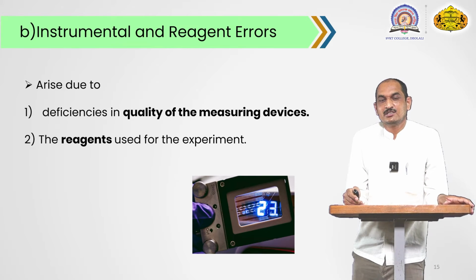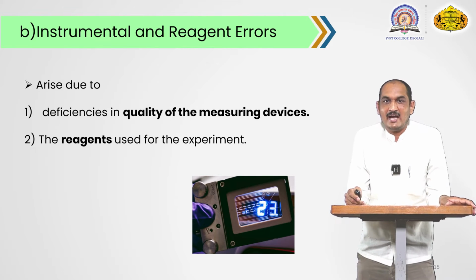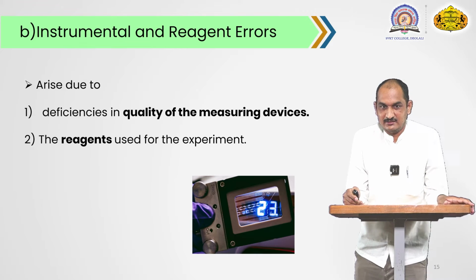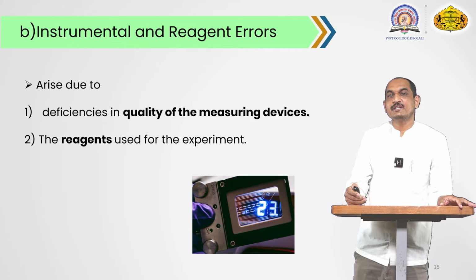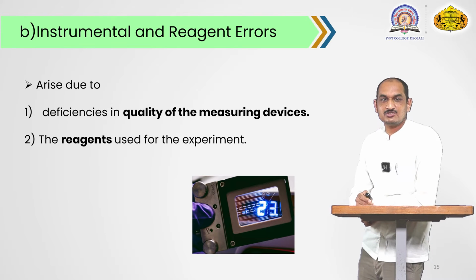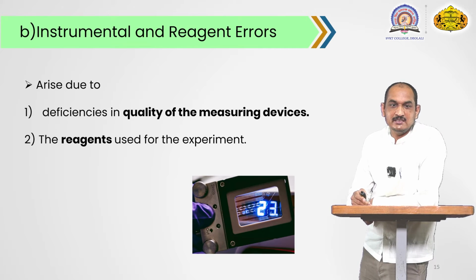We know that for the analysis, very high quality or high purity reagents and solvents are required. And if there is any impurity in such reagents or in a solvent used for the analysis, the reagent error may arise.